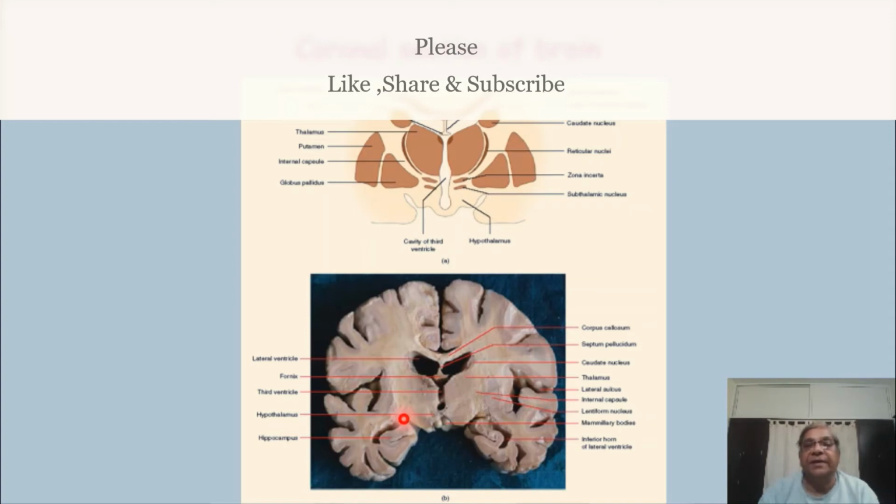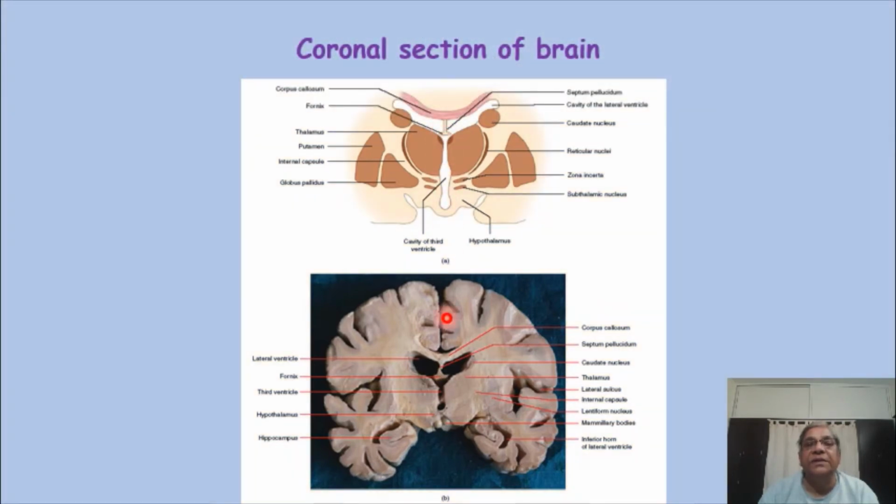This diagram will also show you the presence of the hypothalamus. Here are the mammillary bodies, two mammillary bodies are seen here, and this space is the third ventricle, which is not only bounded by the right and left thalamus, but is going still downward, where it is bounded by the hypothalamus.